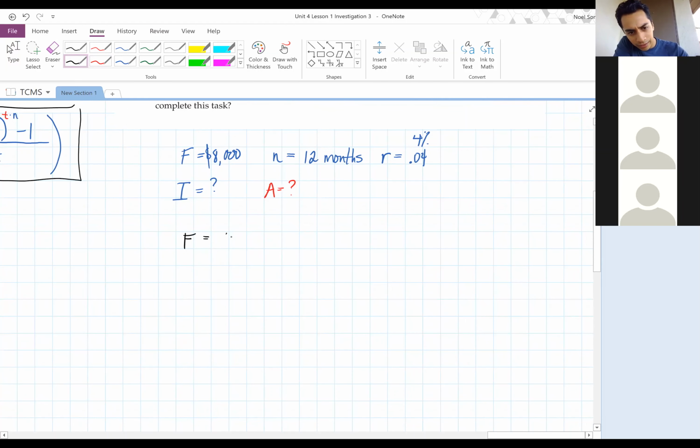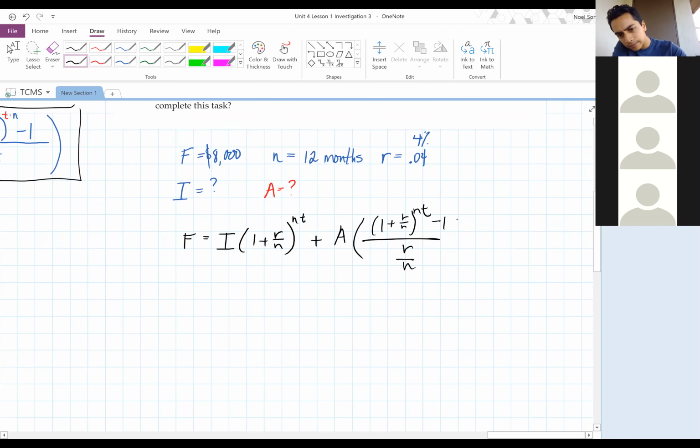F is equal to I times (1 plus R over N) to the N times T, plus the A value times ((1 plus R over N) to the N times T, minus 1) all over R over N. Because we're not compounding once per year, it's monthly, so we need that N value to be there. So that's kind of like the big formula now.